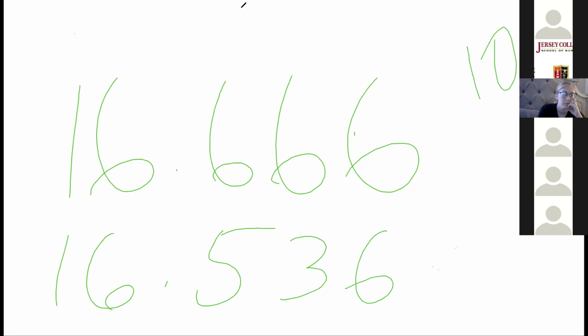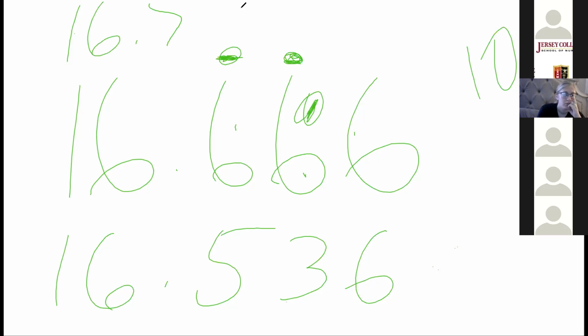This 6 right here is the 10th place. This 6 right here is the 100th place. If you're rounding to the 10th place, the number in the 100th place determines what the number in the 10th place is going to be. You see this number is a 6, so that would make this number actually a 7. If I were rounding to the nearest 10th, my answer would be 16.7.